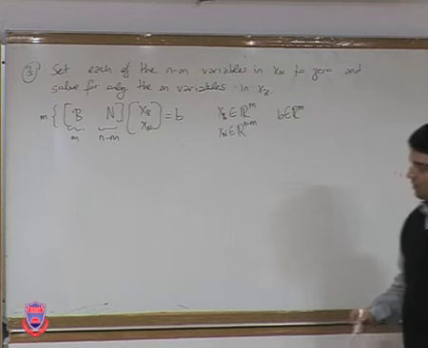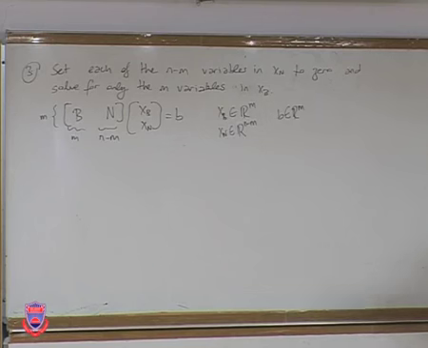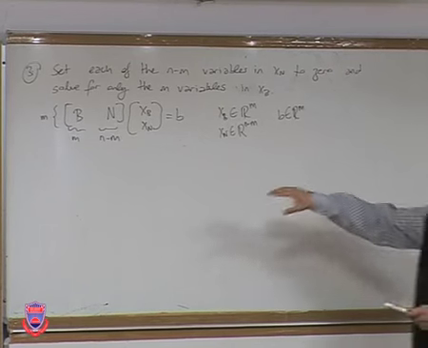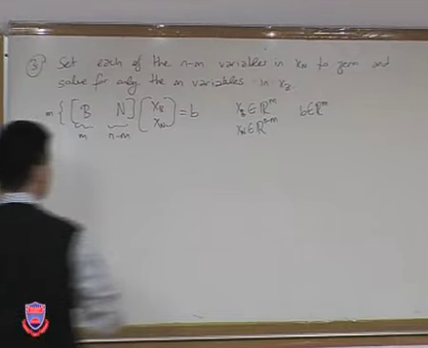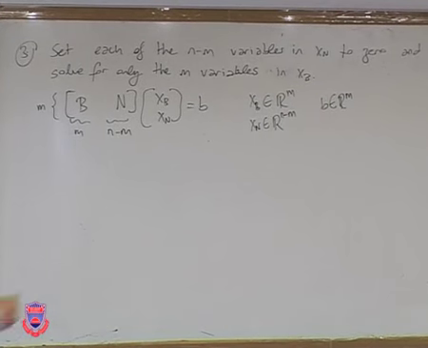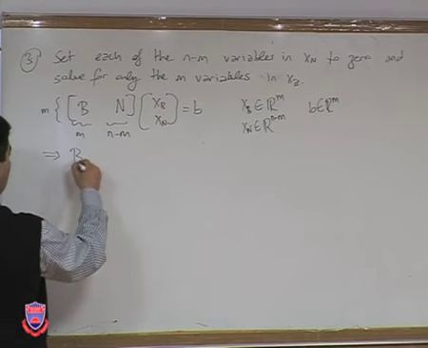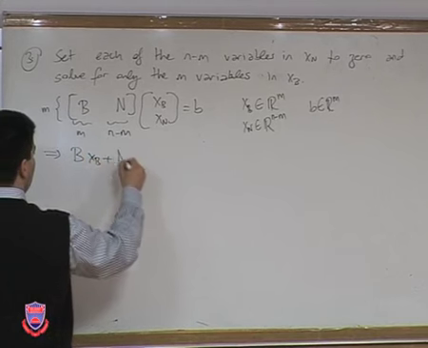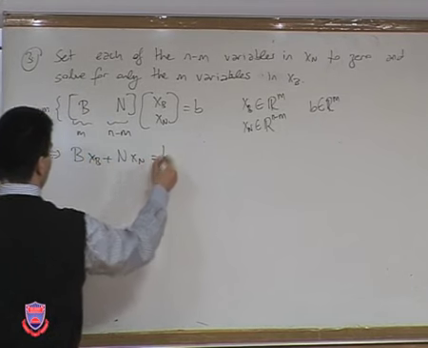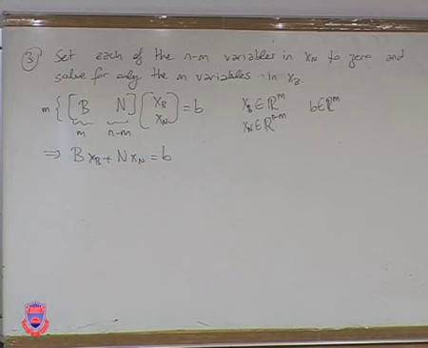Okay. So basically, if you just write this out as the matrix vector product, you're going to see that all the dimensions work out nicely. So I can write this as follows. B times xb plus N times xn is equal to b. Okay? Then what am I going to do?